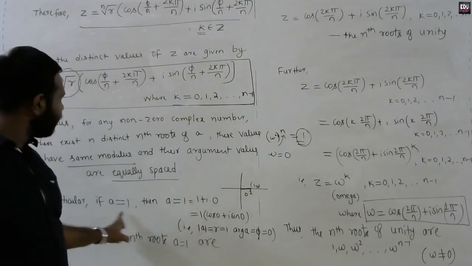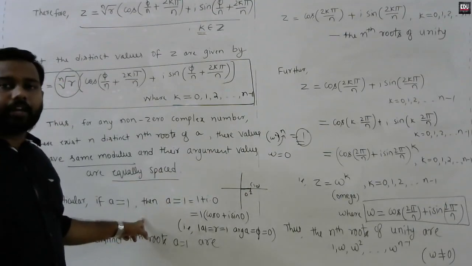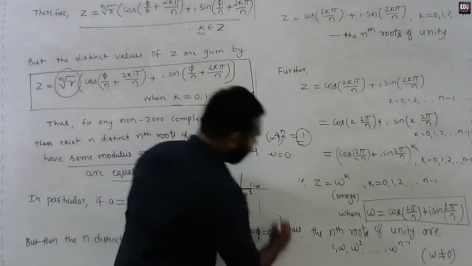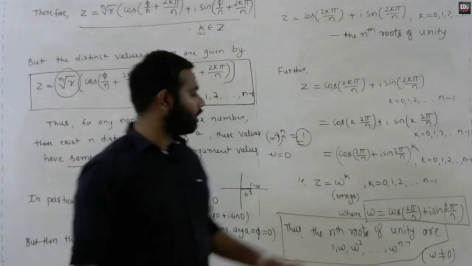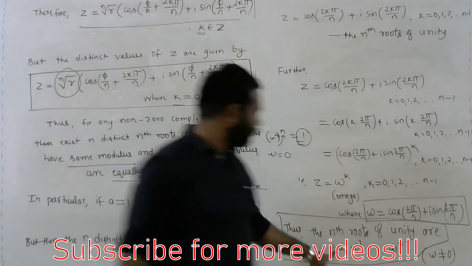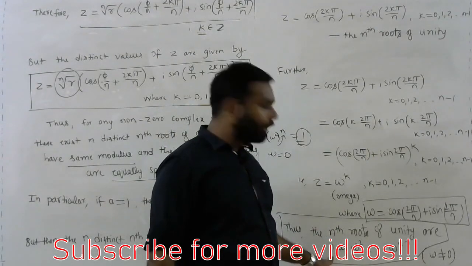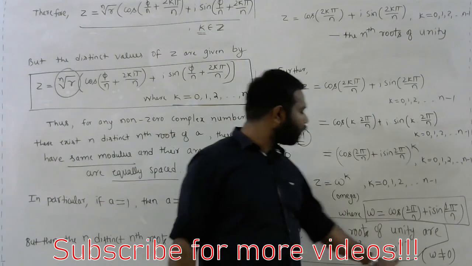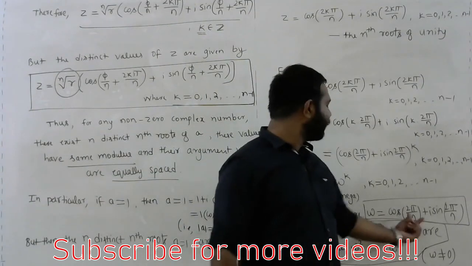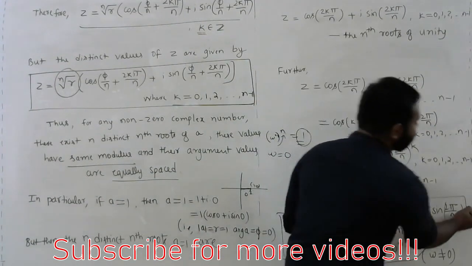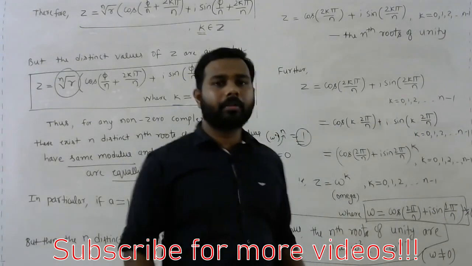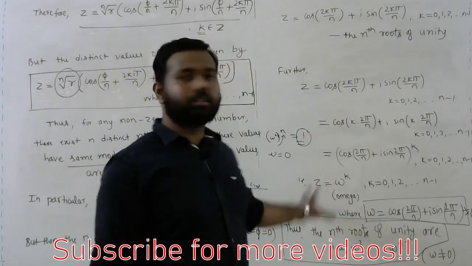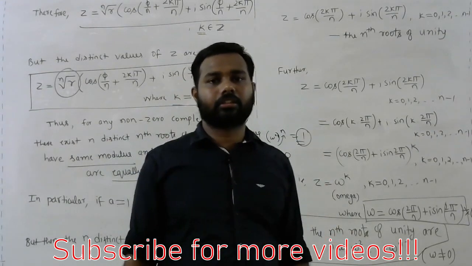In particular, if I take the complex number a to be equal to 1, then I get the nth roots of 1, which are called the nth roots of unity, denoted by 1, omega, omega square, up to omega power n minus 1, where omega is this, and which is non-zero. I hope you all understood the content of this session. Thank you.